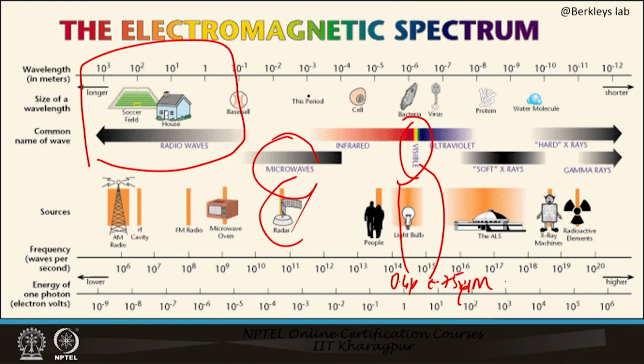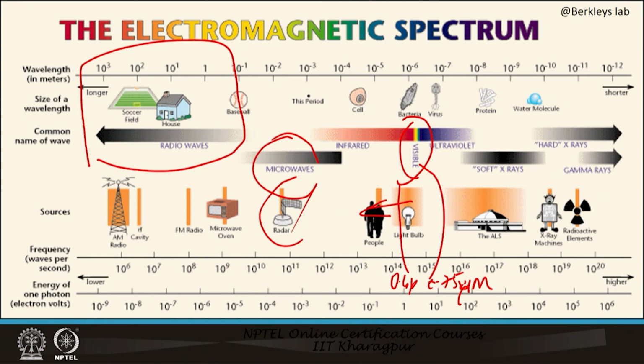This part of the energy is in the lower end of the spectrum, which means that it is in the shorter wavelength region. Once you have shorter wavelength, it has higher frequency. Once it has higher frequency, it has higher energy, okay.